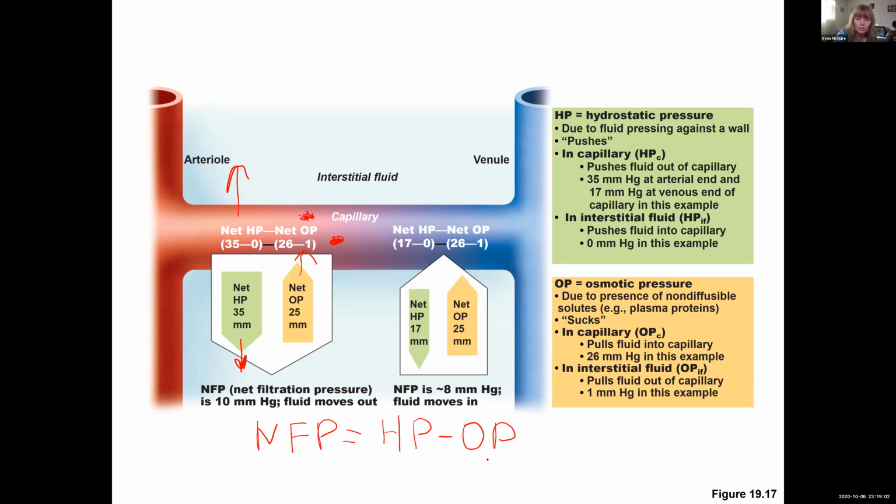Your net hydrostatic pressure is 35 minus the osmotic pressure of 25. So the net pressure is 10, and this is out.